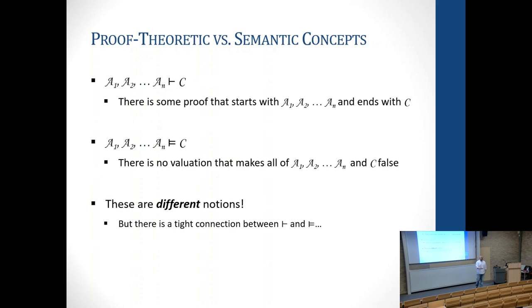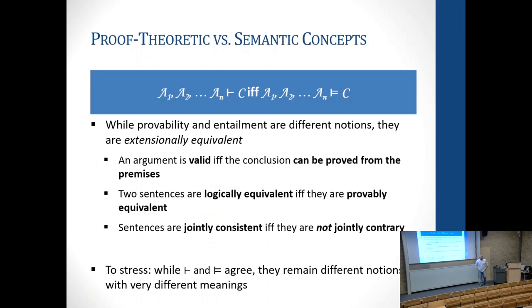Depending on which language we're thinking about, it could be tautological entailment, if it's TFL, or logical entailment, if it's FOL. Similarly, for our single turnstile, there's TFL natural deduction, and there's FOL natural deduction, provability. These are different notions, but they line up perfectly. The provability will hold if and only if the semantic entailment relation also holds.